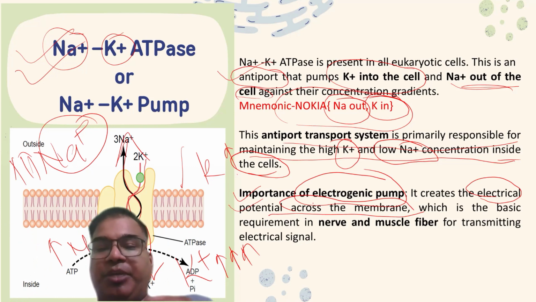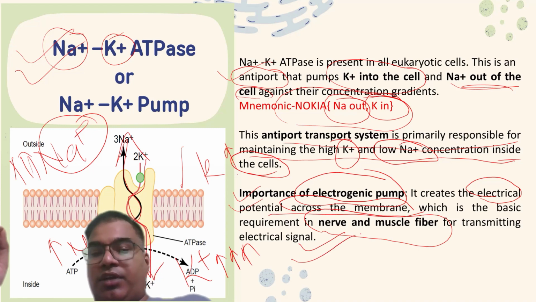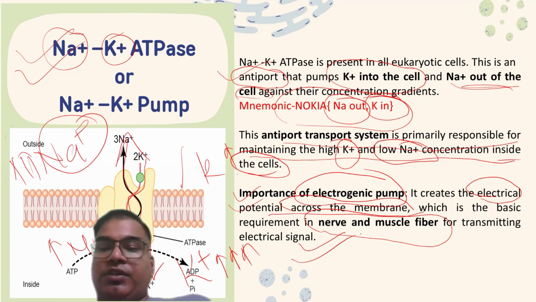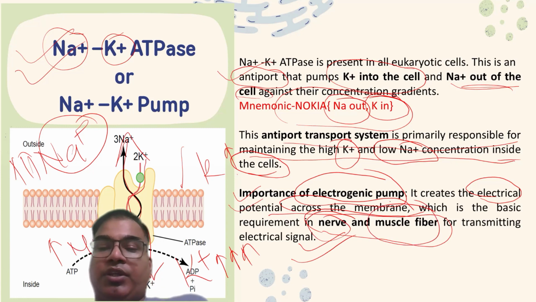That resting membrane potential is very important in transferring signals, specifically in nerve and muscle fiber. In further classes, when we deal with nerve physiology or muscle physiology, we are going to discuss this resting membrane potential in a detailed manner.